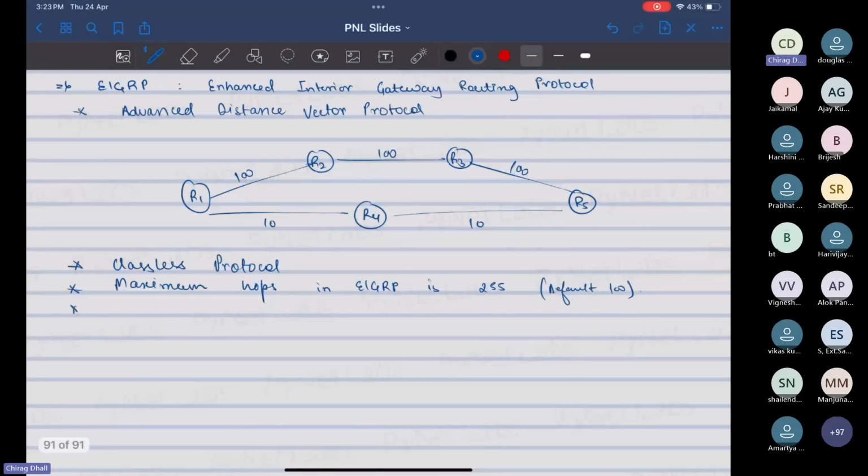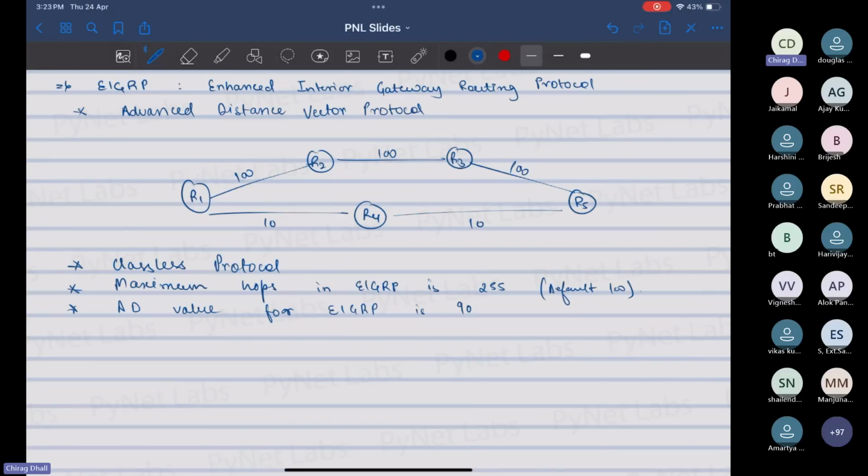Then the AD value for EIGRP is 90. What was the AD value for RIP routes? 120, right? Yesterday we learned that for RIP, the AD was 120.